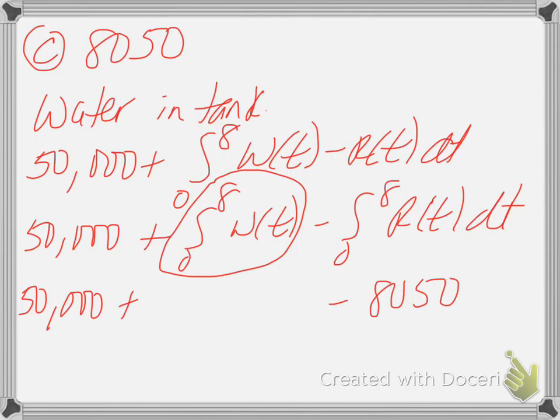Maybe I could do it up here, do it in a different color. Okay, so we're looking from 0 to 8 of W of t, and they gave us W of t. So you're going to just do that on your calculator with the Math 9 function, and when you do, you're going to get this. That's an 8.